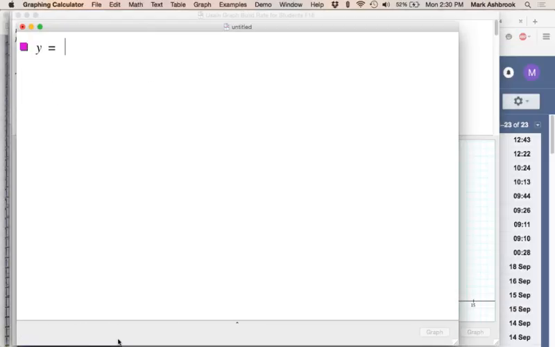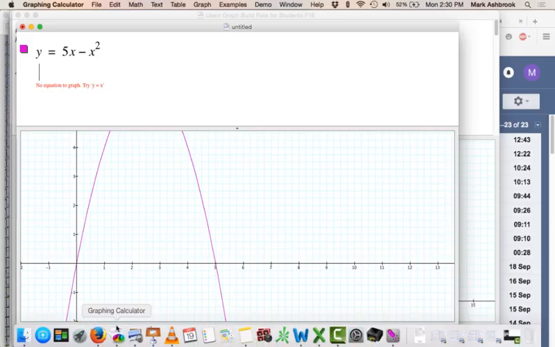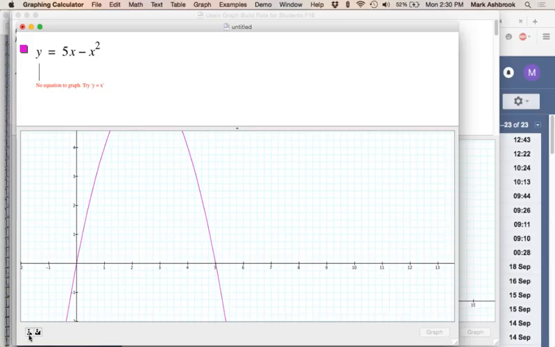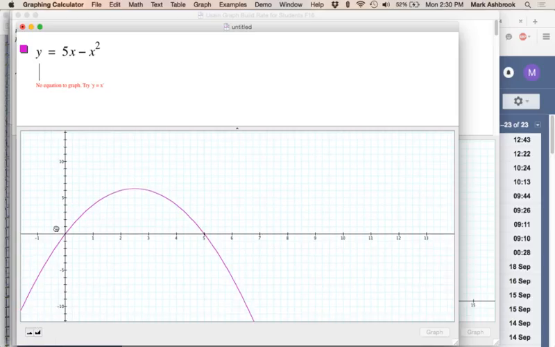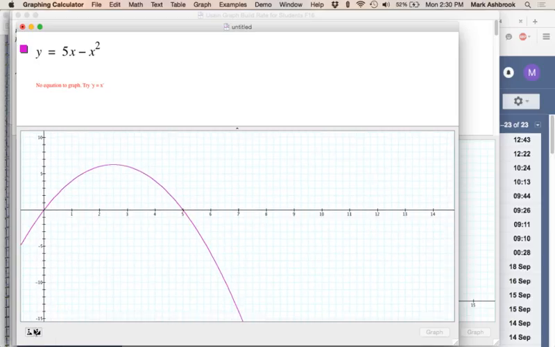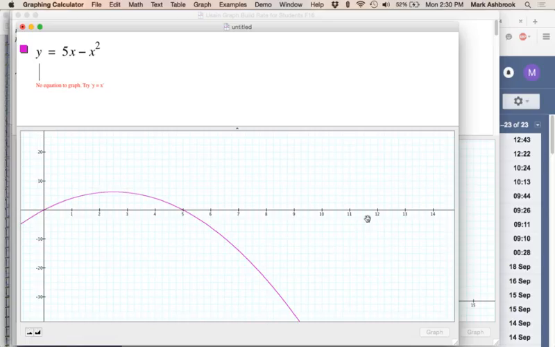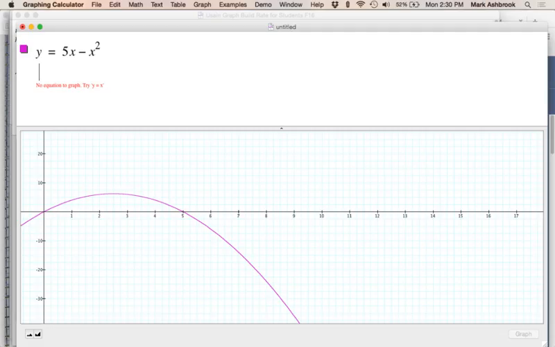So y equals 5x minus x squared. So I've squished or scaled out the y-axis considerably so we can actually see what's going on.